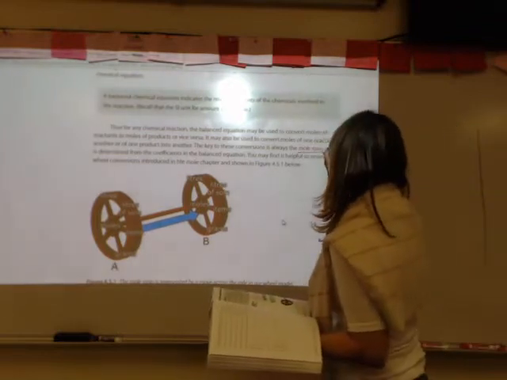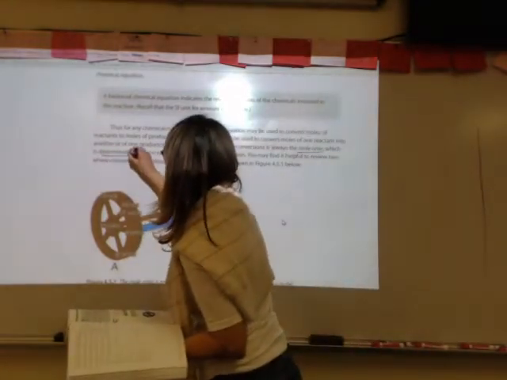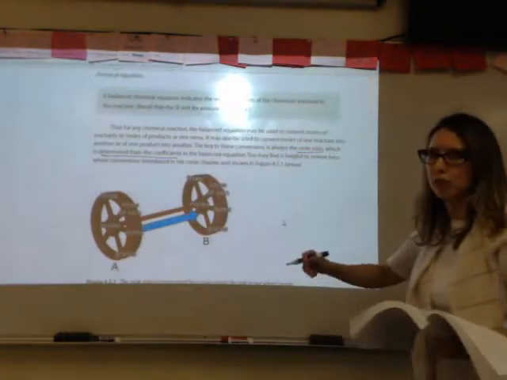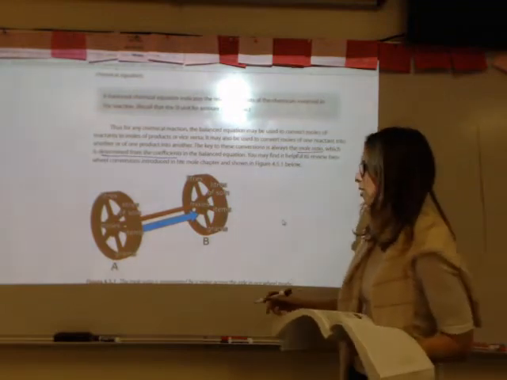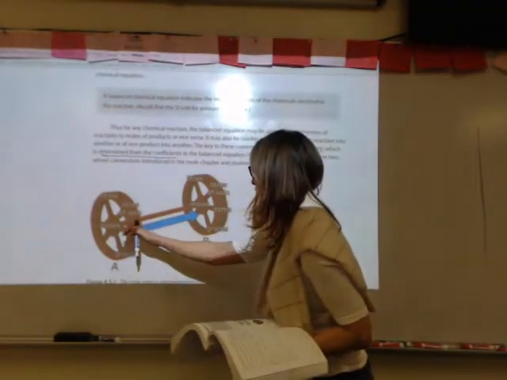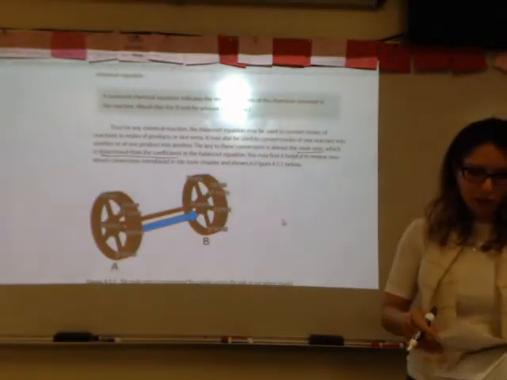And the key is to use a mole ratio, which is determined by the coefficient. So a mole ratio is the ratio of the coefficients of the substances that we are looking at. So I can convert moles of substance A to moles of substance B using the coefficients. So let's take a look at the next page here.